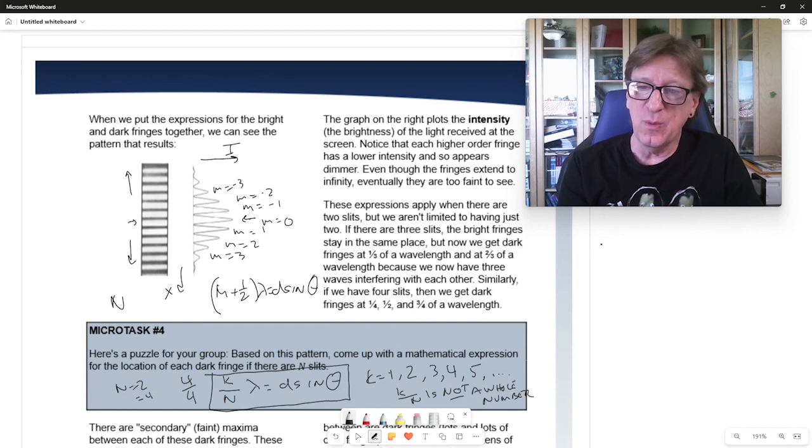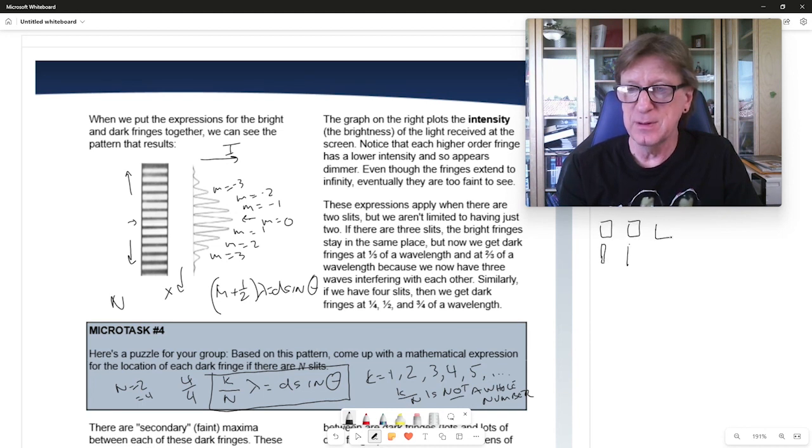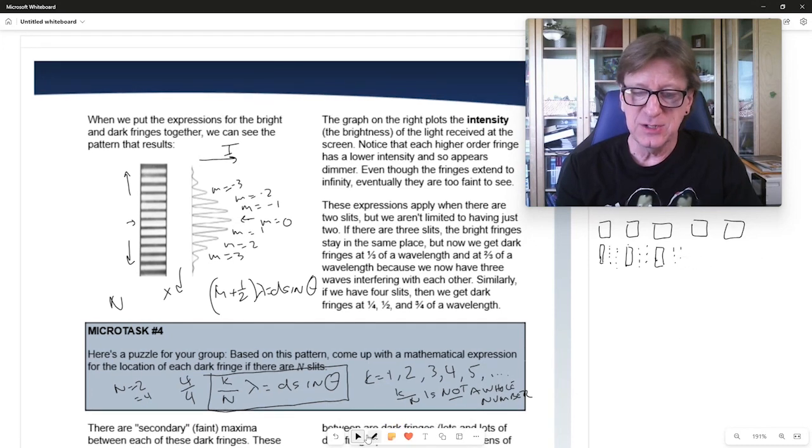And so what happens then is, let's say that my original was quite wide, like you see here on this side. Then since I'm getting more dark fringes and then some very, very faint light fringes in between, the end result is that my primary bright fringes actually get narrower.